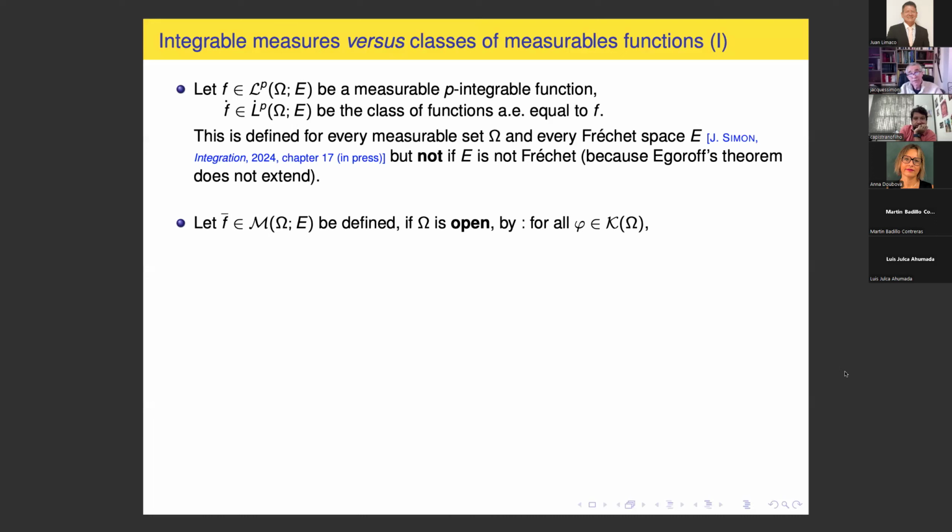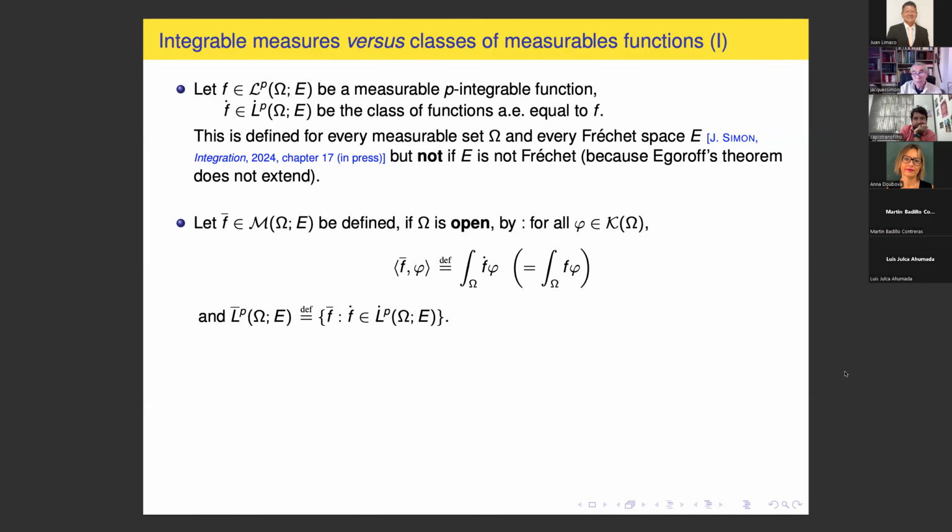But if we can define f dot, we can associate a measure f bar by the classical f bar applied to phi, where phi is a continuous function with compact support, is the integral over omega of f dot phi. Or it is the same as the integral of f phi, because it is defined as that.